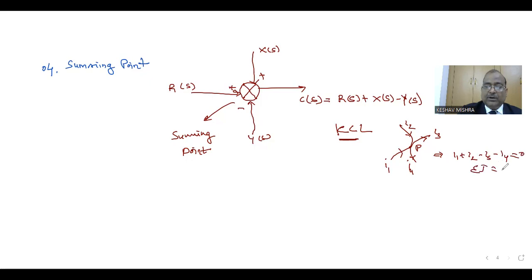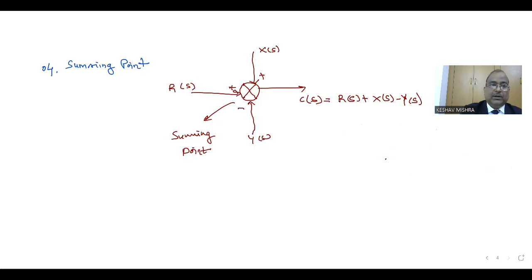The summation of all currents is 0. A similar concept applies here. In a control system, we use summing points for combining the inputs entering a system, considering their algebraic sign also, either positive or negative.